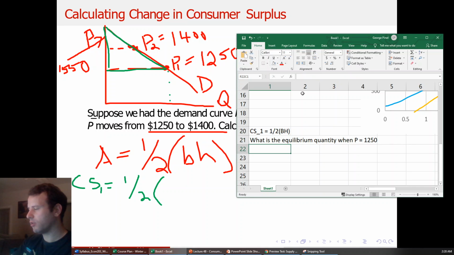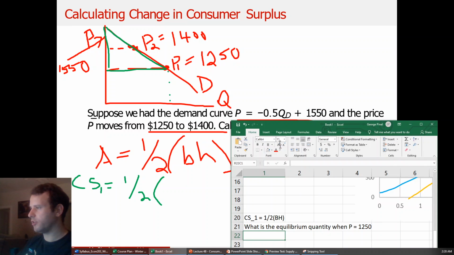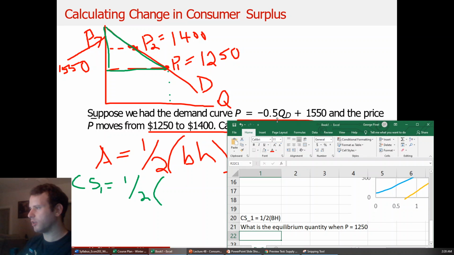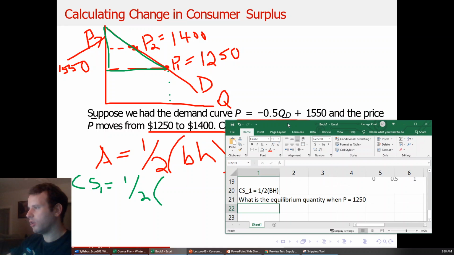Okay. So we know the equation for the demand curve, so we can find what the equilibrium quantity is. P equals negative 0.5 QD plus 1550, which is in turn equal to 1250.